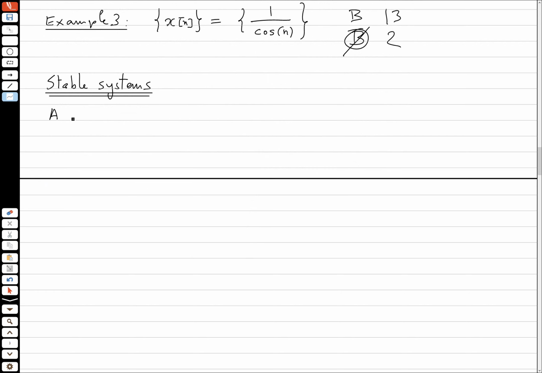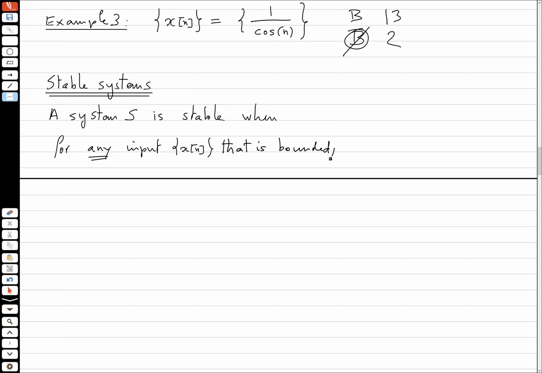A system S is stable when for any input x of n that is bounded, the response y of n is also bounded. This is called the BIBO criterion.